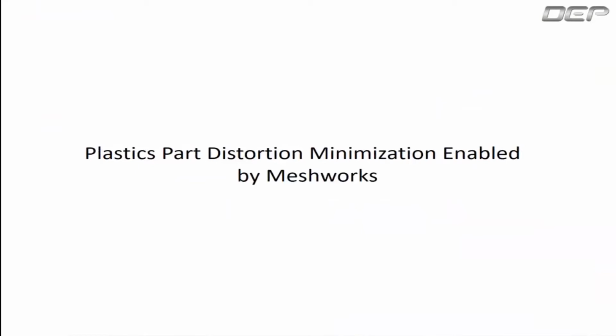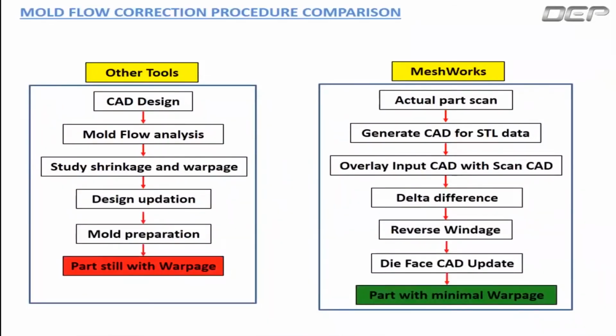Now let's look into the plastic part distortion minimization, which is going to be powered by the MeshWorks process. Here is a typical flow chart comparing the conventional process and the MeshWorks process.